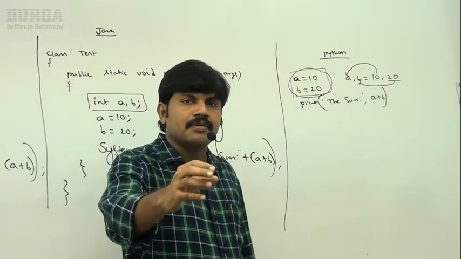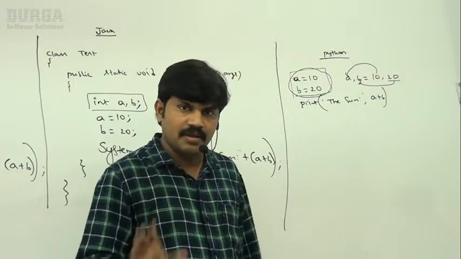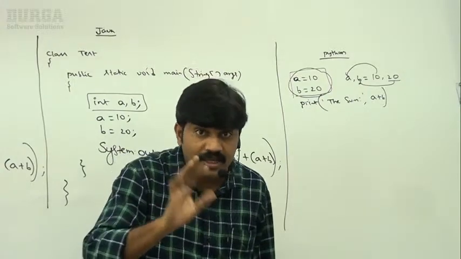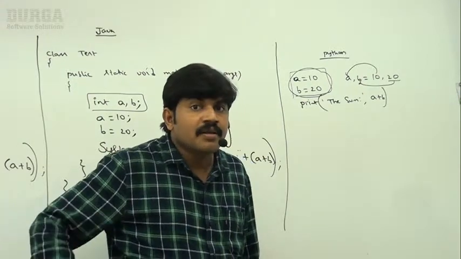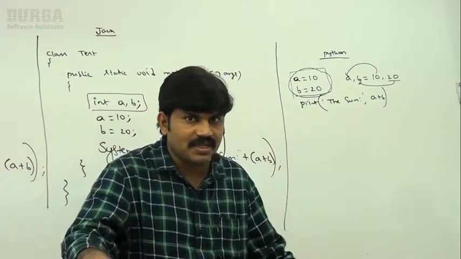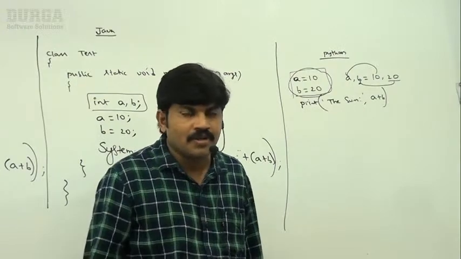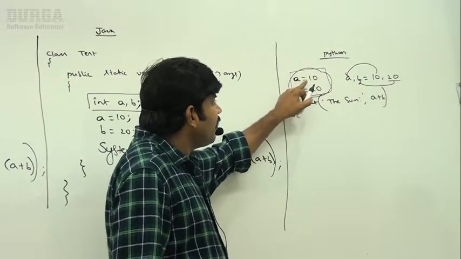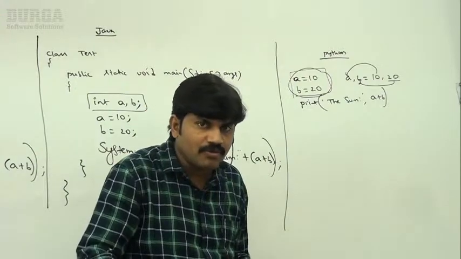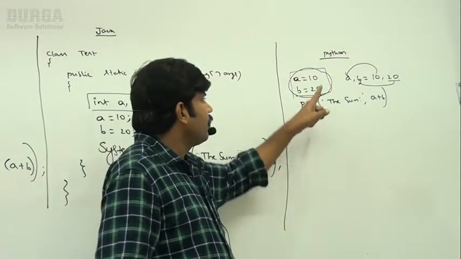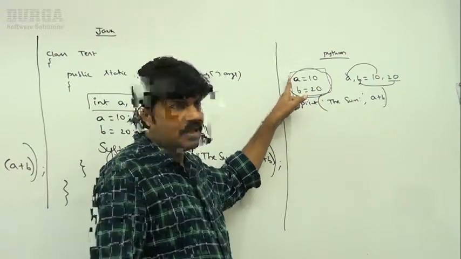The type concept is applicable in Python. Sir, int, float, these types are there in Python. But we are not required to declare the type explicitly. Such a type of headache is not there. Whenever we are assigning some value, based on your provided value, automatically the type will be considered. Remember this one, sir.